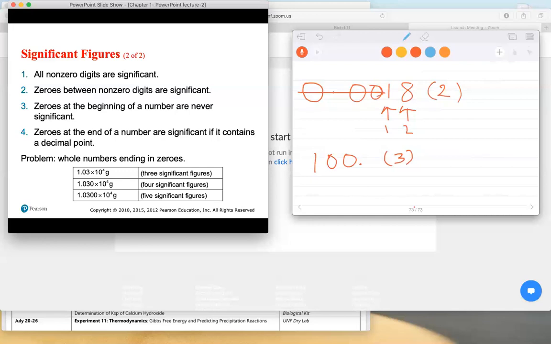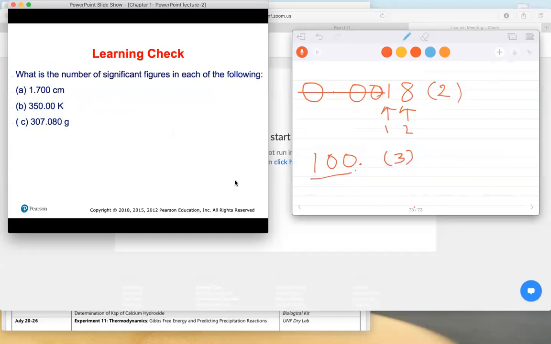Here is 1.030, 4 significant digits; 1.0300, 5 significant digits. What we are counting is anything on the left of the multiplication sign. So in order to avoid ambiguity, you can use scientific notation to express your final answer.